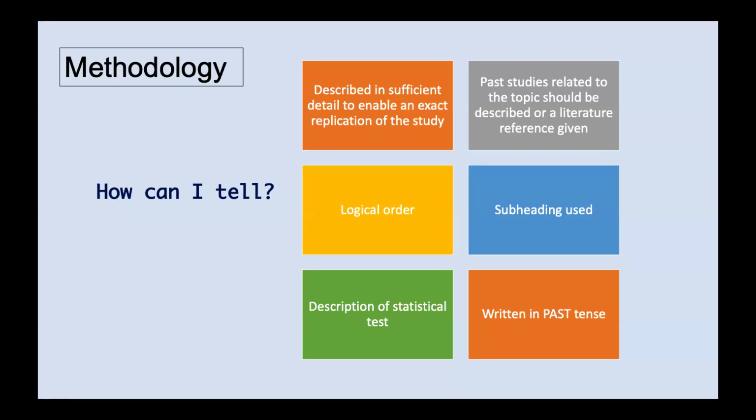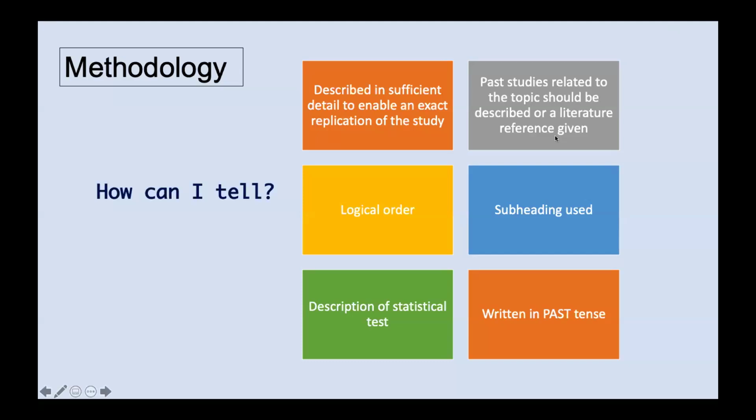This is one of the things that is lacking in certain articles or manuscripts. They forgot to put the statistical analysis in. Okay, past studies related to the topic should be described or a literature reference given.